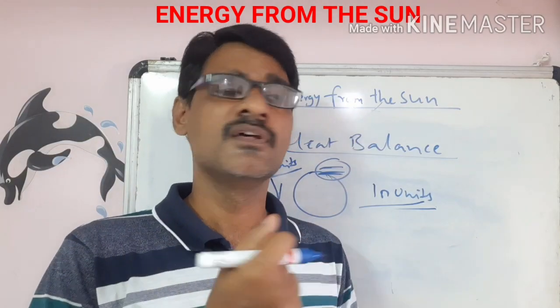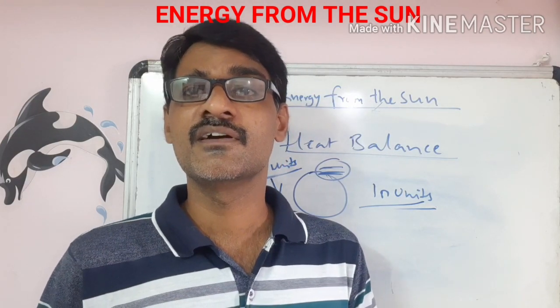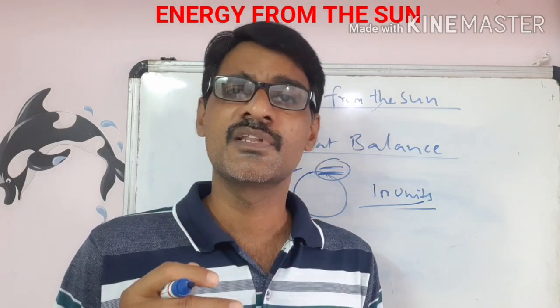For example, on the first day 30 units are received, second day 30 units, third day 30 units. It equals 90 units within the 3 days. And as the days go on, the energy is accumulated over the earth's surface.